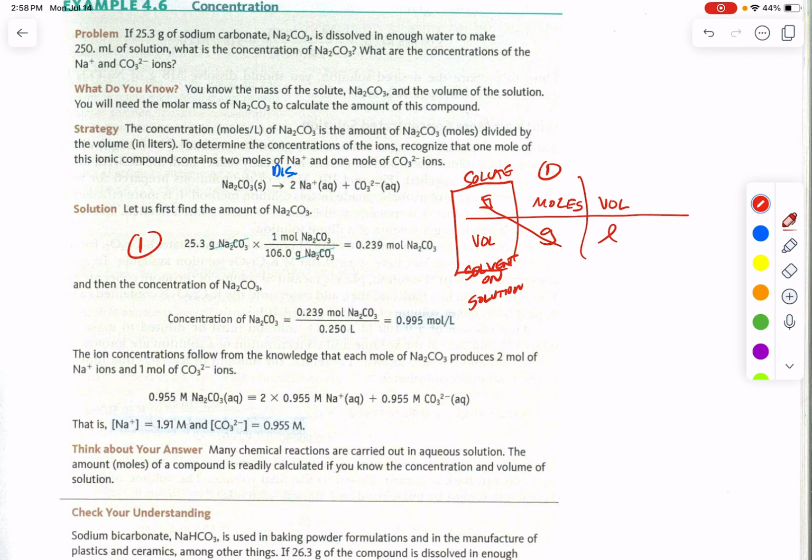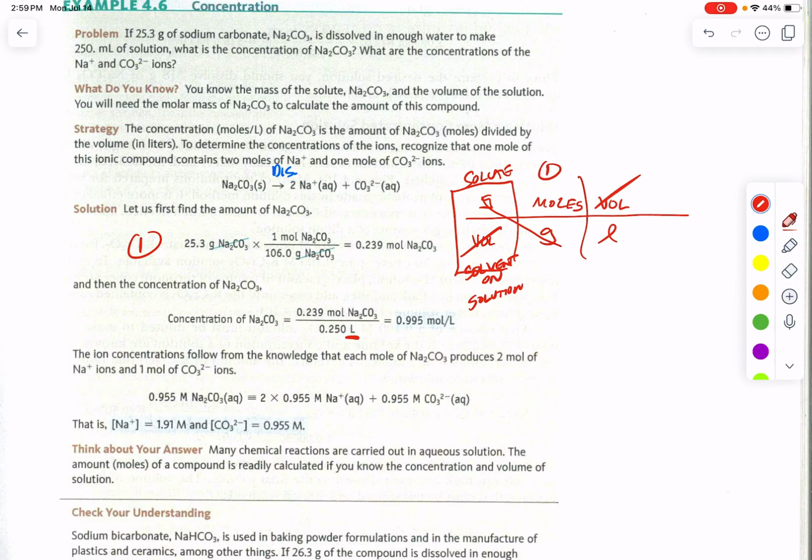And then, if necessary, I would convert my volume into liters. If it's in milliliters or some other unit of volume, I would convert my volume into liters. And of course, this is already in liters, so we don't have to do step number 2. Step number 2 is not necessary.